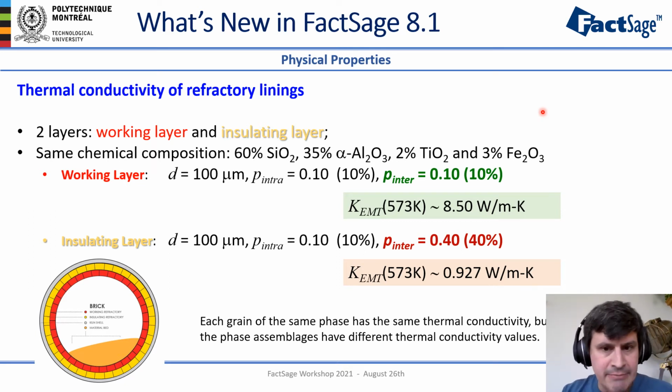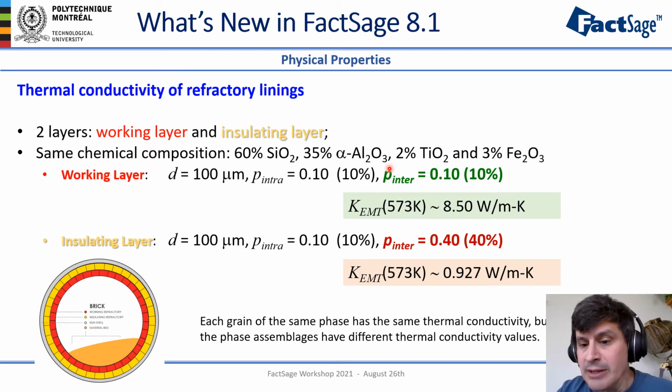So you go in Equilib, you set up a basis of calculation, set a temperature of 300 degrees Celsius, and in the microstructure module, I fixed the grain size to be 100 micron. I fixed the intragranular porosity to be 0.1, which is 10%. And for the working layer, I do a first calculation with a 10% intergranular porosity. So this is a denser material for liquids not to penetrate the layer.